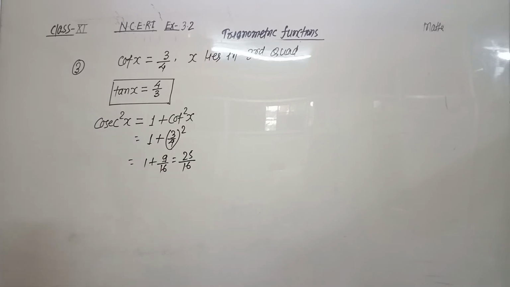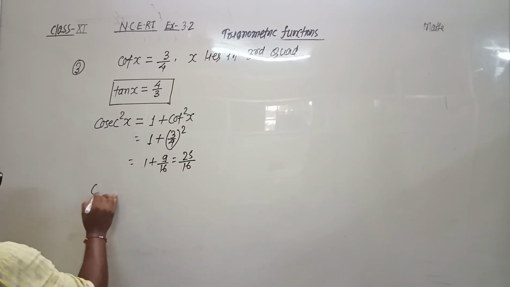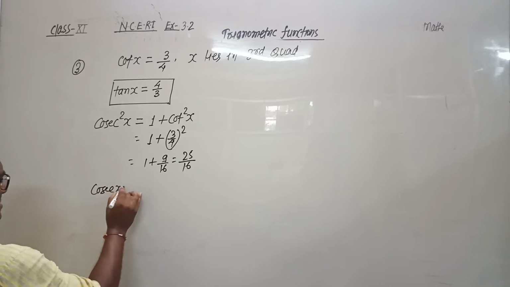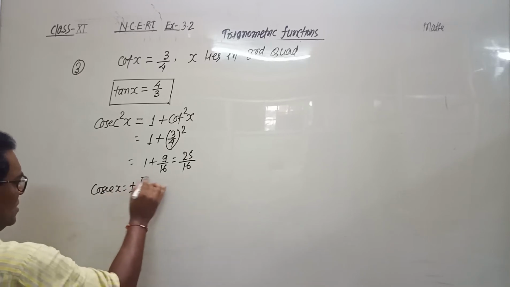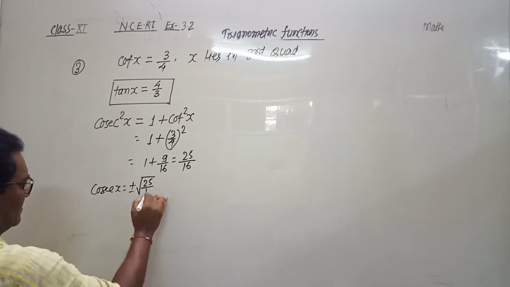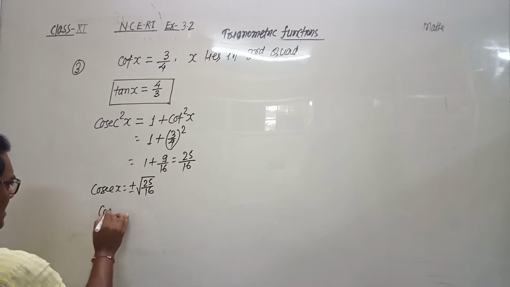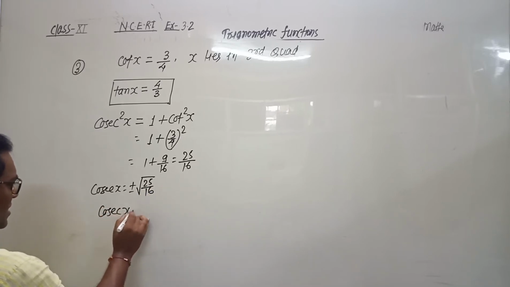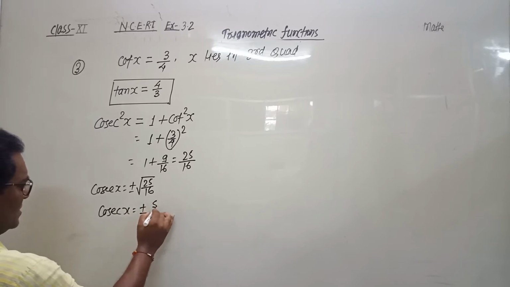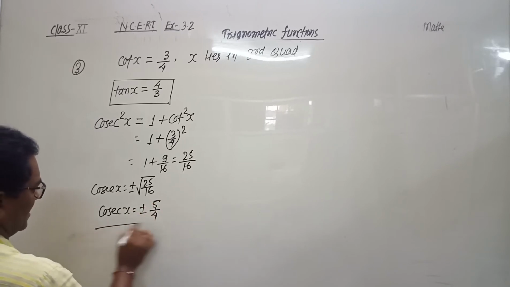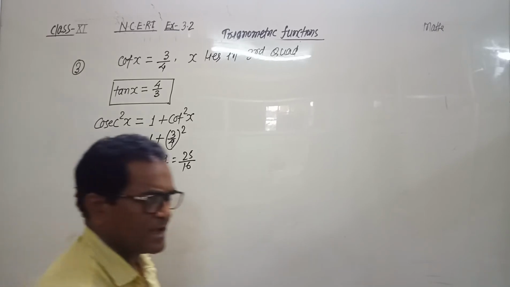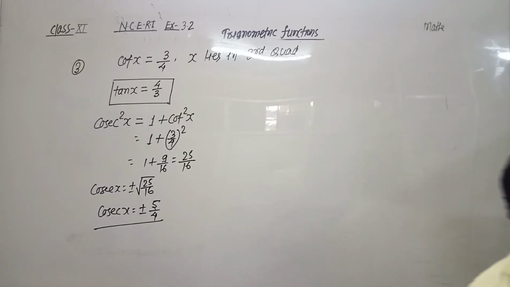So cosec square x is 25/16, and the value of cosec x is plus minus root over 25/16, which is plus minus 5/4.